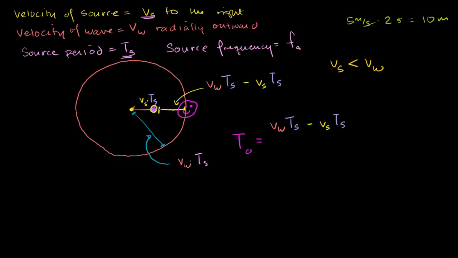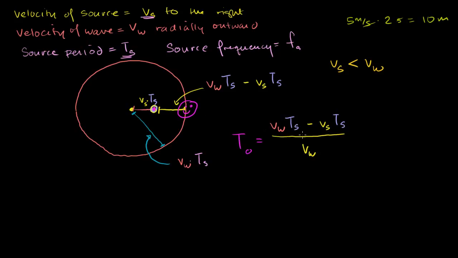So it's this distance that the next pulse, the one getting emitted right at that moment, is going to travel, divided by the speed of the wave, which is v sub w. Now, this gives us the period of the observation.